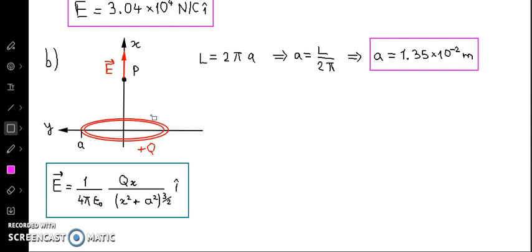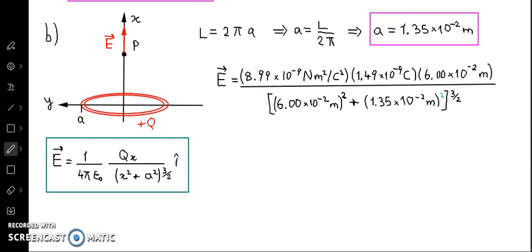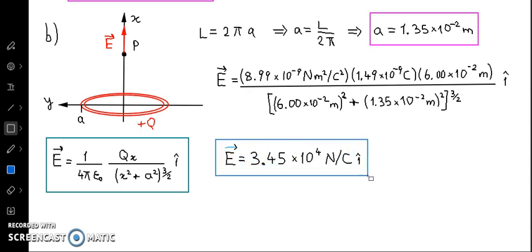We can go ahead and plug in the numerical values to calculate the magnitude of the electric field vector E at point P. Here we have substituted the numerical values, and if you calculate this number, here's what you get: 3.45 times 10 to the 4th newtons per coulomb i hat, in the positive x direction, in other words, upward, based on my coordinate frame in the picture.